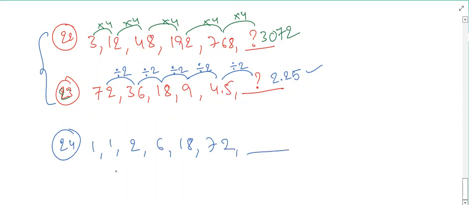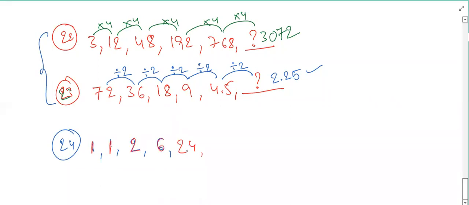Tell the answer for this. What is the next number? Oh, sorry, sir, wait. There is a mistake. So the next number is 12? No. This is 1, 1, 2, 6, 24.